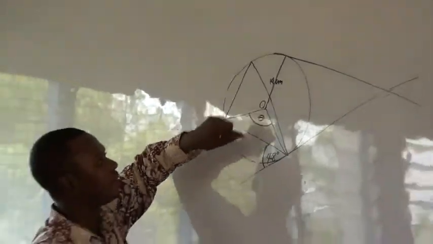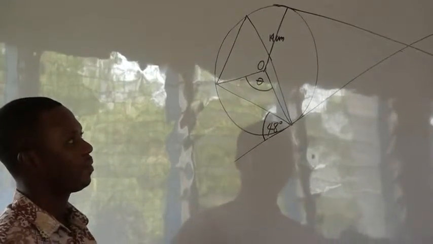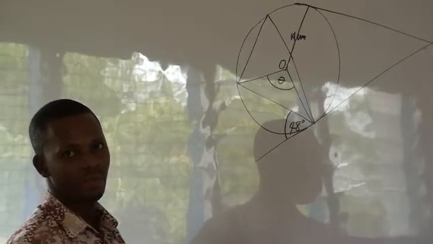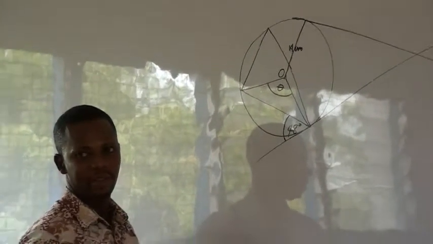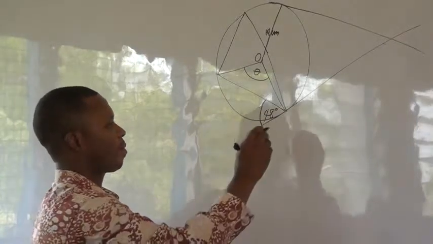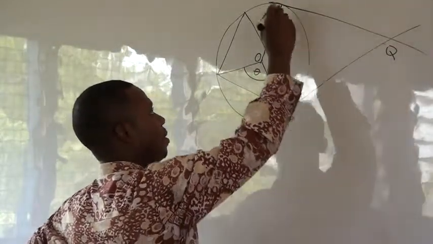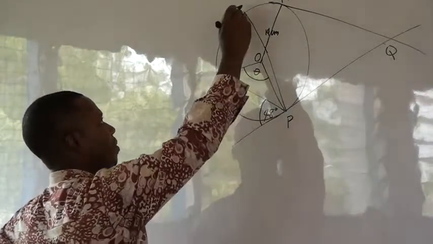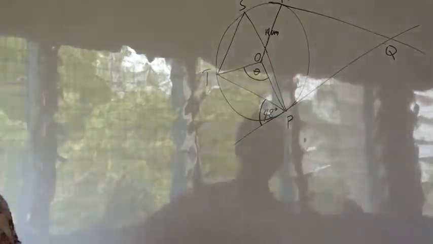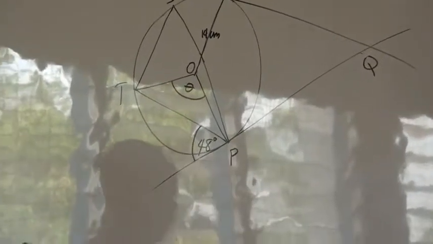O is the center of the circle. Be quick with it. Are you done?